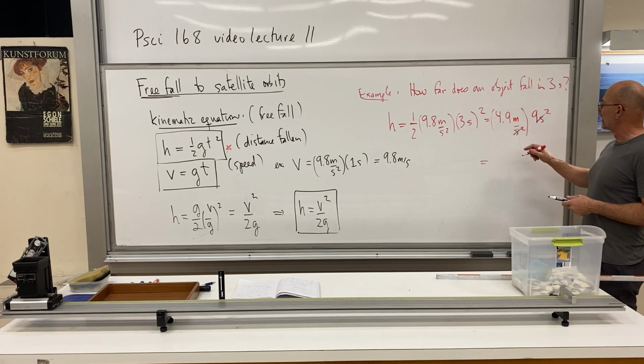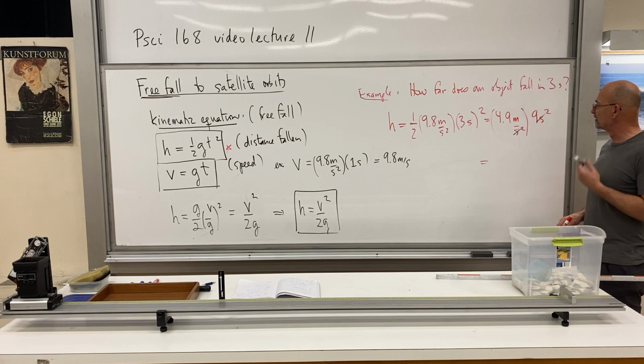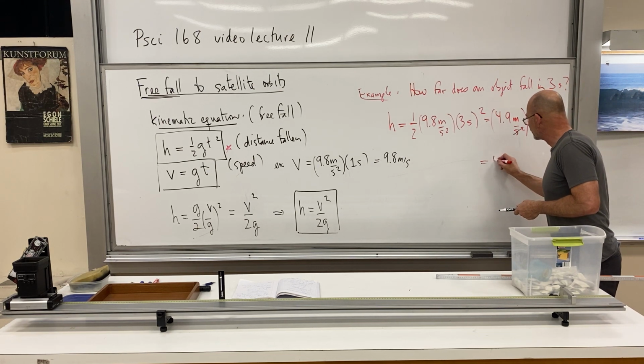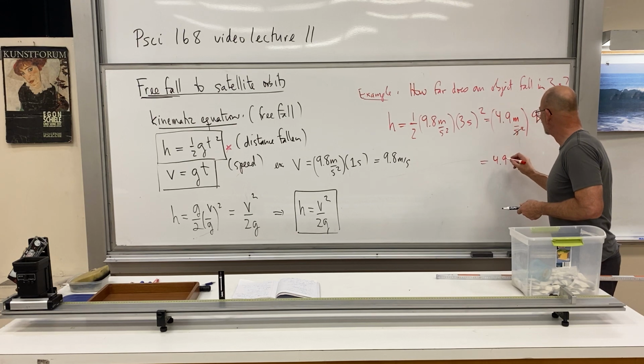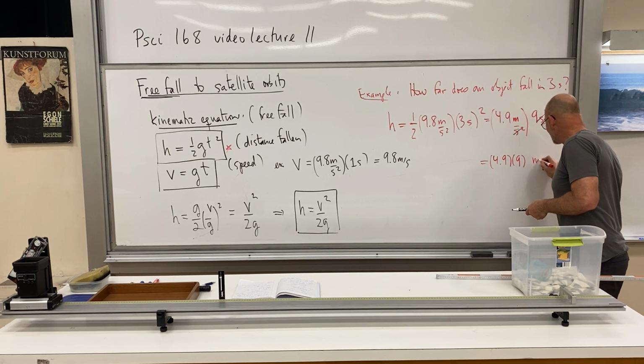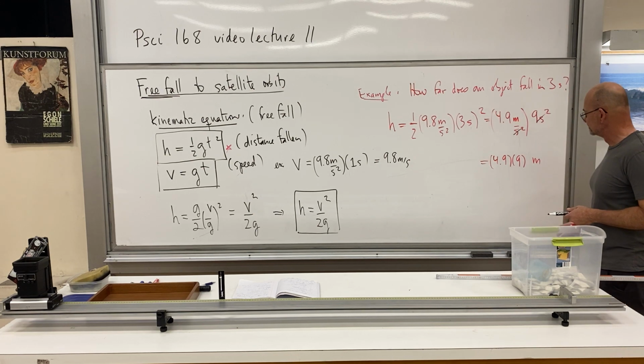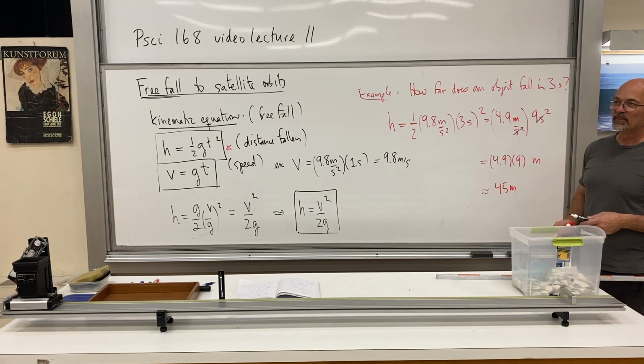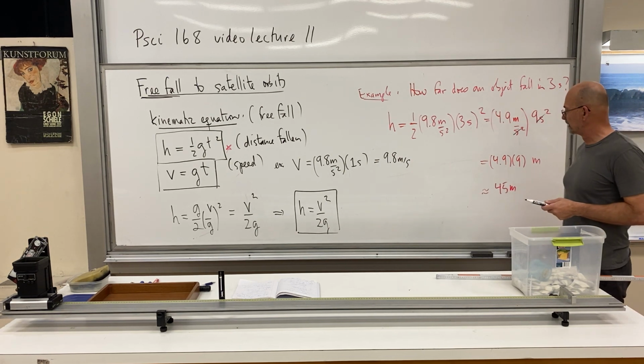So 5 times 9 is 45, so that's just under 45. So I'm just going to leave it as 4.9 times 9 meters. Approximately 45 meters. And that would be approximately 140 feet or so.